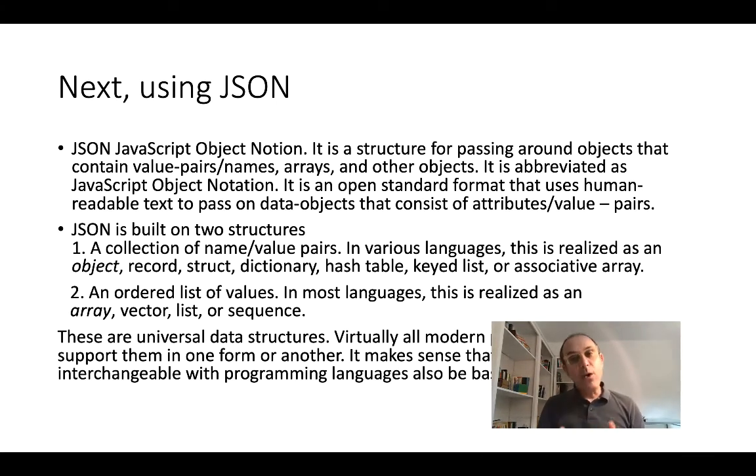In most languages, it's realized as an array, vector, list, or sequence. And this is really important because in the next subject in this module, we are going to talk about scraping web pages.